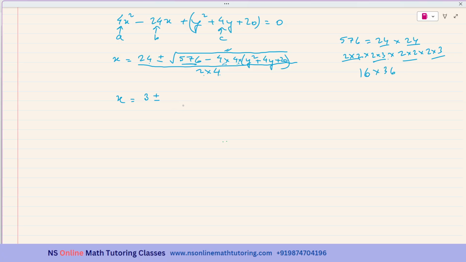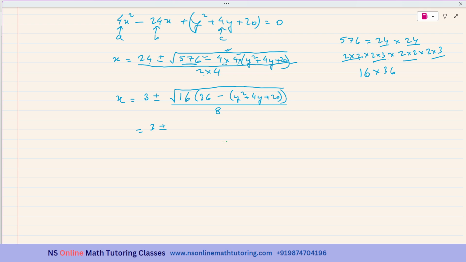I can take out 16 as the common factor between these two terms: 16 times (36 − (y² + 4y + 20)), only this part, over 8, equal to 3 plus minus.